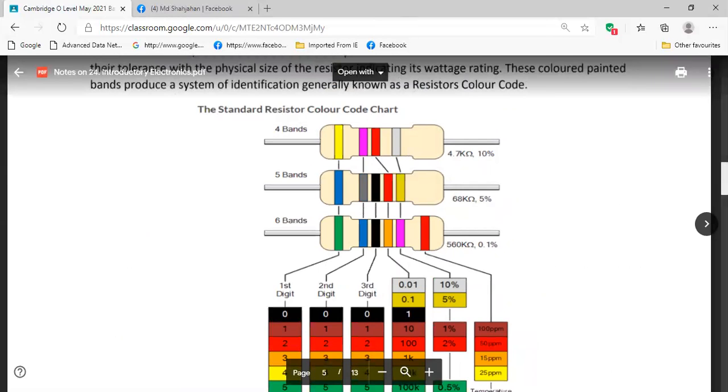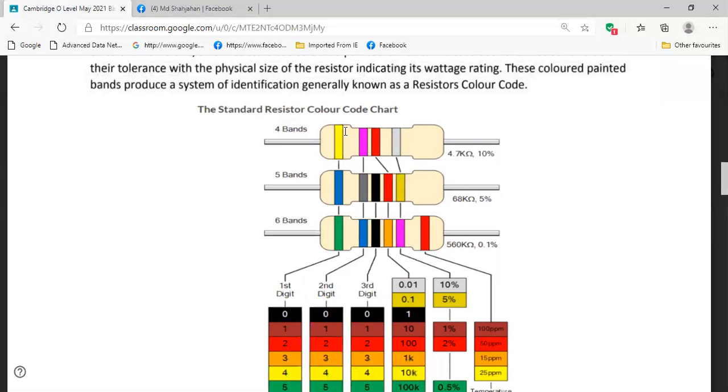But normally in our lab we get 3 color bands. Okay. Yes. How many? 2 or 3. 3 color bands. And 3 color bands we get, and there is a 4th color band that is not for measuring the resistance, that is for measuring the errors or tolerance.